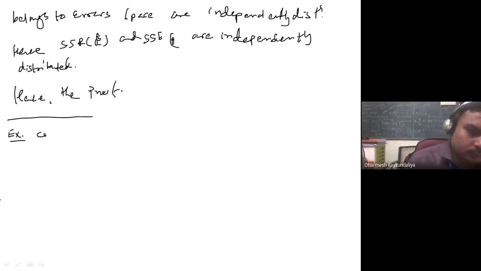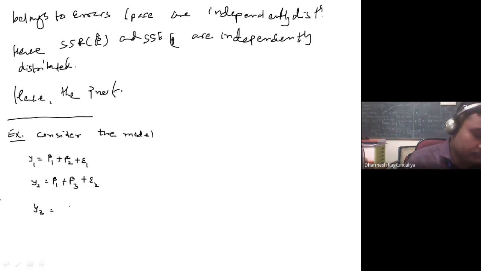Consider the model y1 equal to beta 1 plus beta 2 plus epsilon 1, y2 equal to beta 1 plus beta 3 plus epsilon 2, and y3 equal to beta 1 plus beta 2 plus epsilon 3.